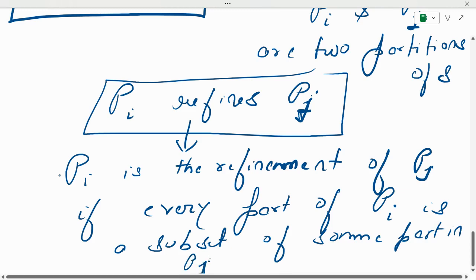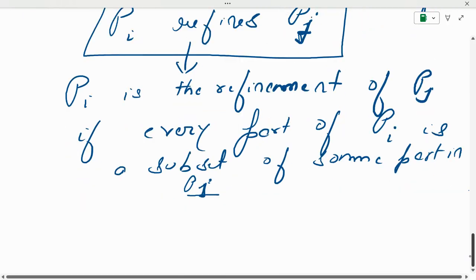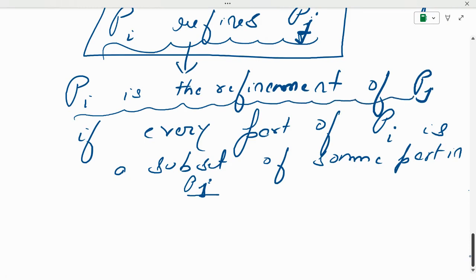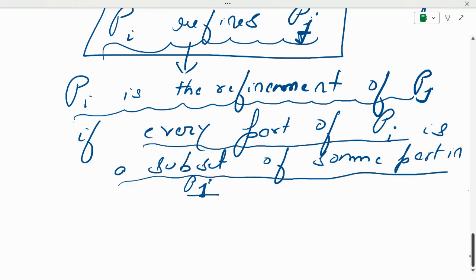So it seems that Pj supersedes Pi, right? If we say Pi refines Pj, Pi is called the refinement of Pj, and every part of Pi can be obtained from some part of Pj.